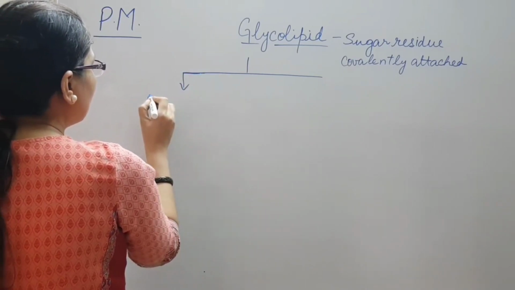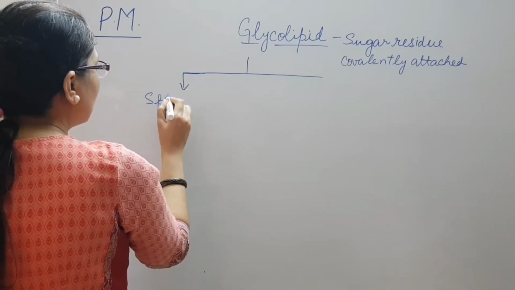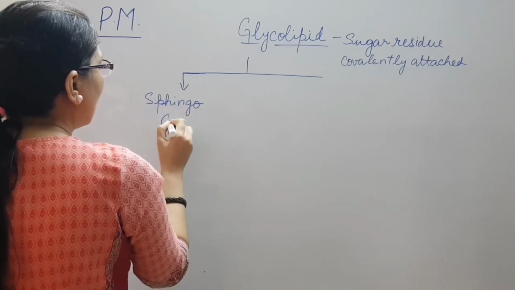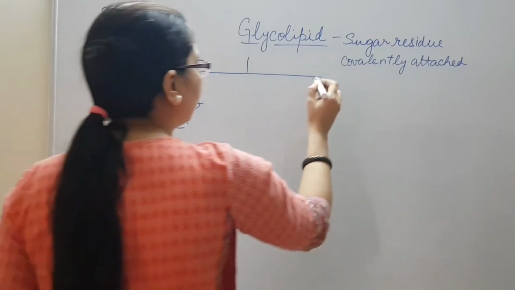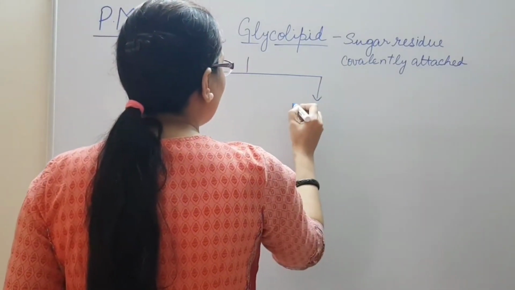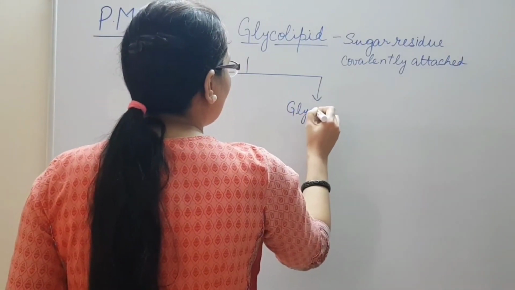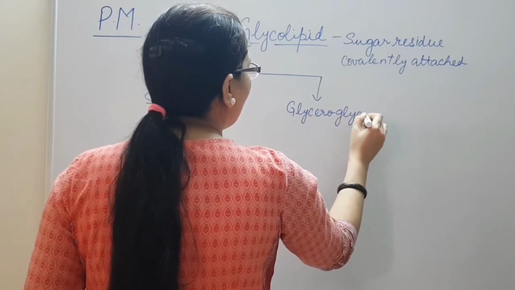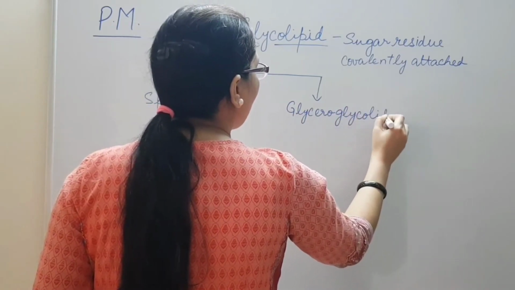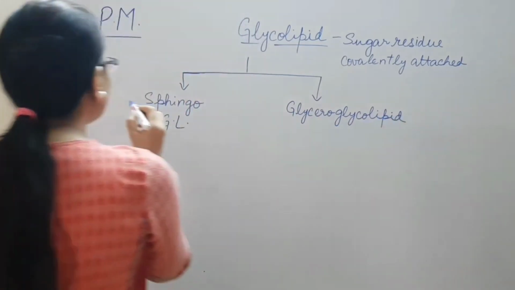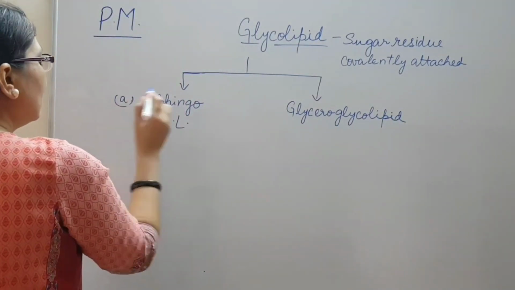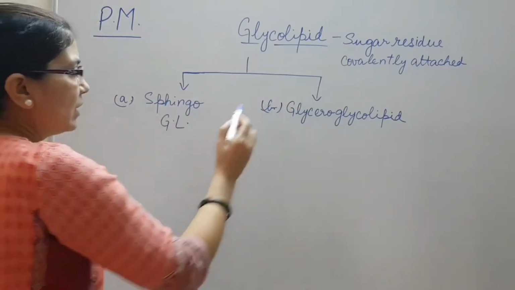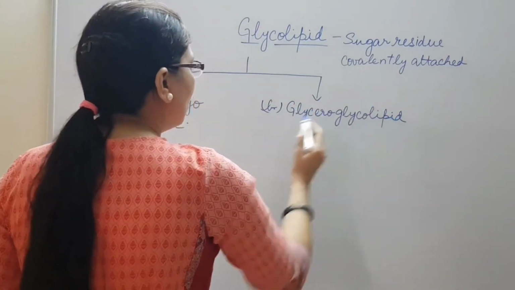One is known as sphingoglycolipid, and the second is glyceroglycolipid. Sphingoglycolipid is also known as glycosphingolipid, and glyceroglycolipid as glycoglycerolipid.